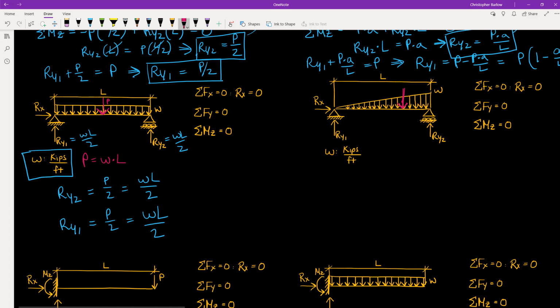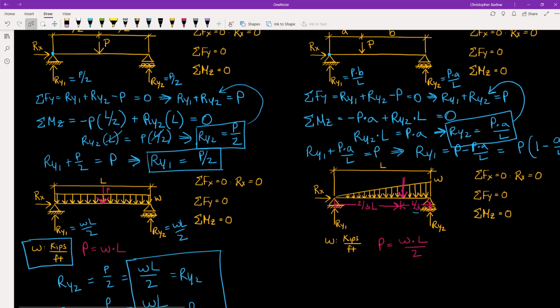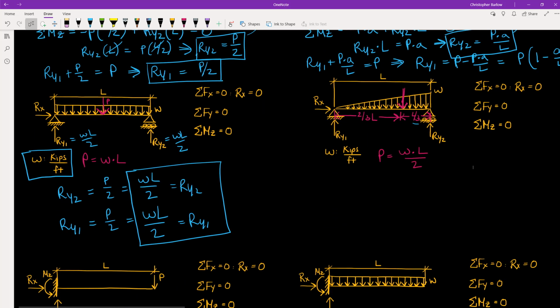In the case of a triangle, that centroid occurs at 2/3 L, or on this side, 1/3 L. The magnitude of this equivalent point load will be equal to W times L over 2, or the area of a triangle, width times height divided by 2. And so now this problem looks a lot like our previous example above it, and we can use those formulas here.